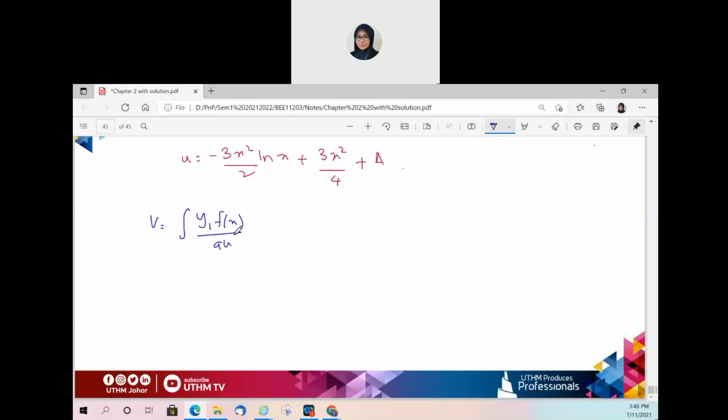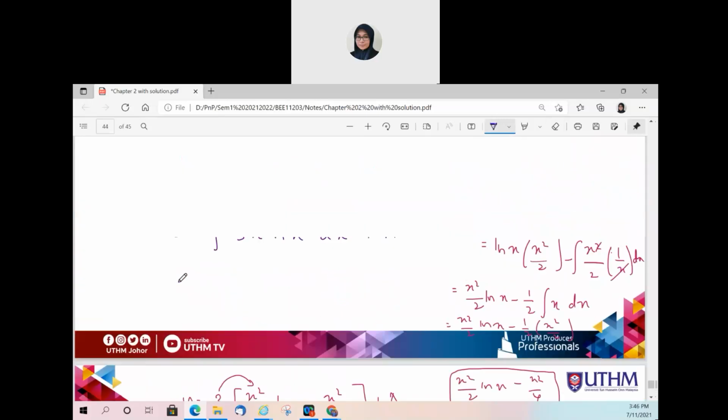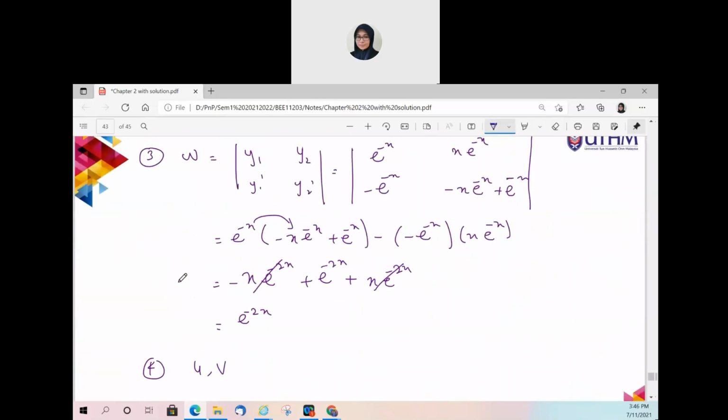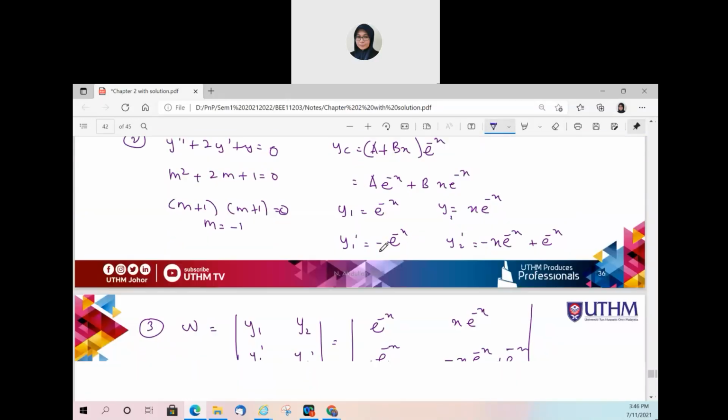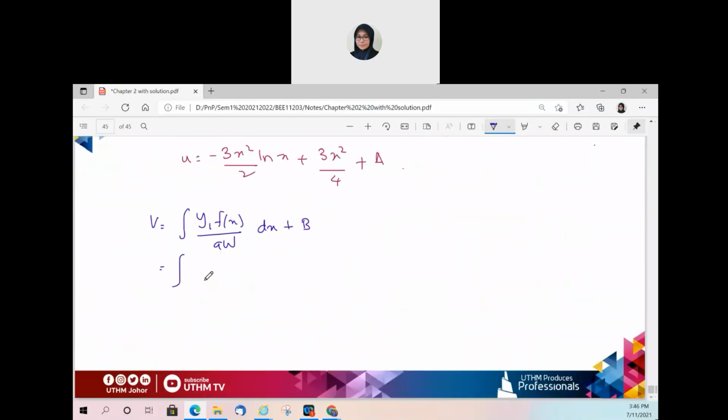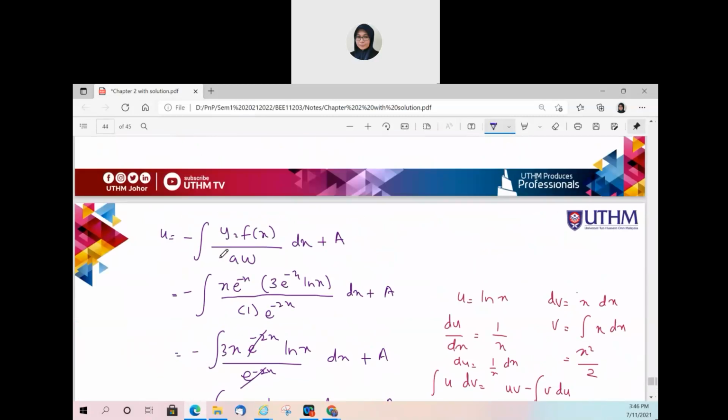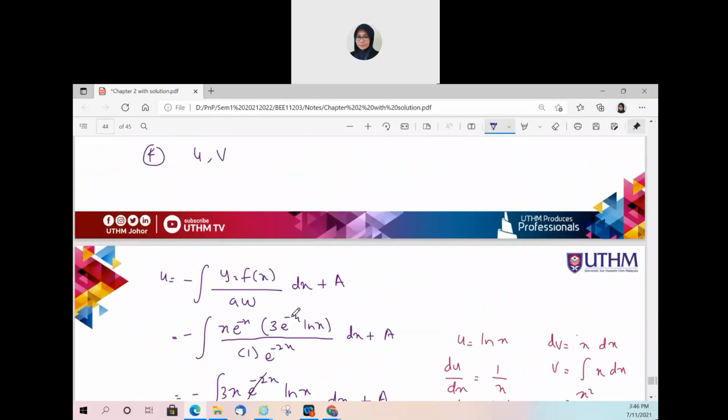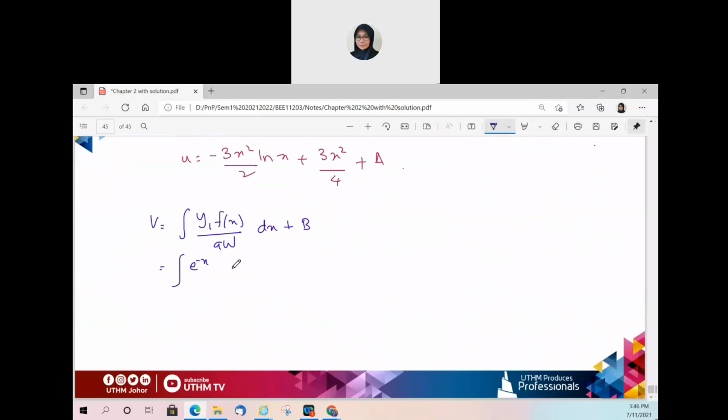Okay. So y1 is e to the power minus x. f(x) is 3 e to the power minus x ln x. Divide by a, a is 1.